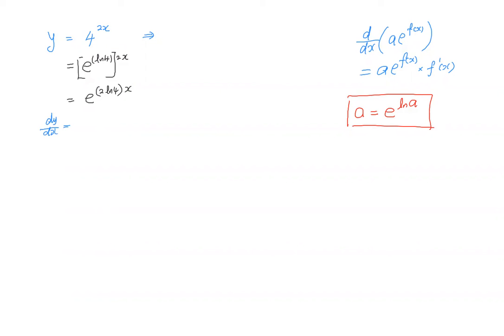So what is our dy/dx here? We have to use the formula. Wen Cheng, how to find the dy/dx for this one now? You have to copy down the whole thing. e to the power of 2 ln 4 x times the dy/dx of 2 ln 4.